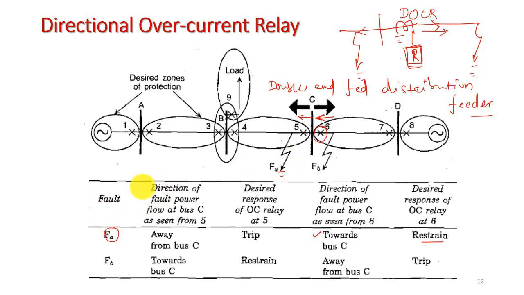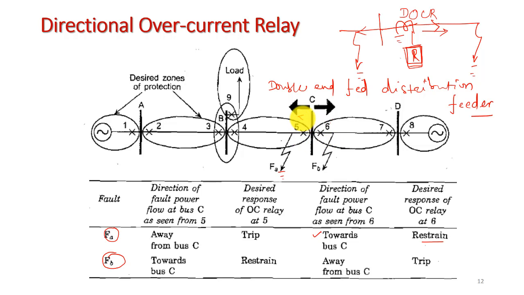Similarly, if we consider the fault at FB, in the section between C and D, how will the power flow look at bus C?